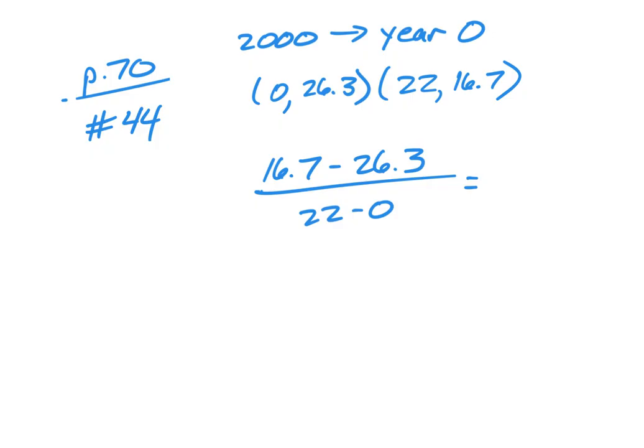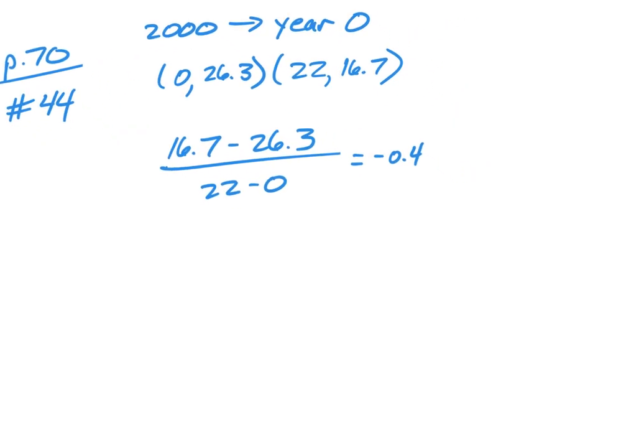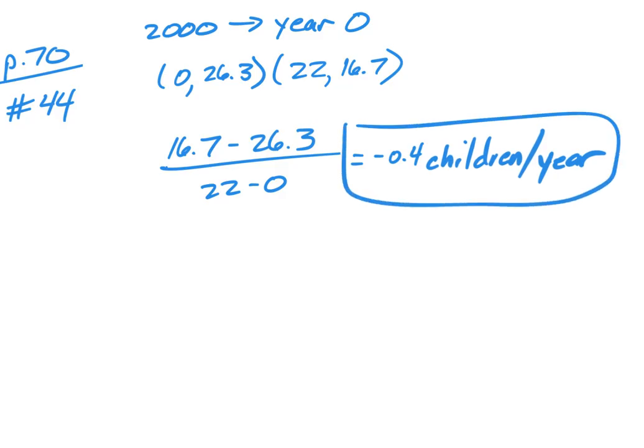Okay, and then when we write our answer here, we would say that we would be losing negative 0.4 children per year, okay?